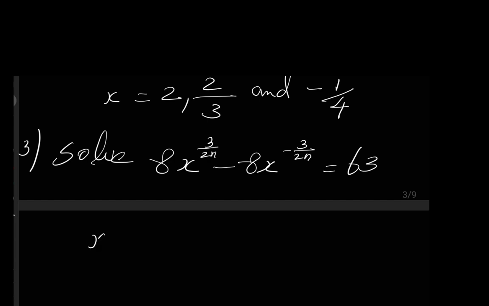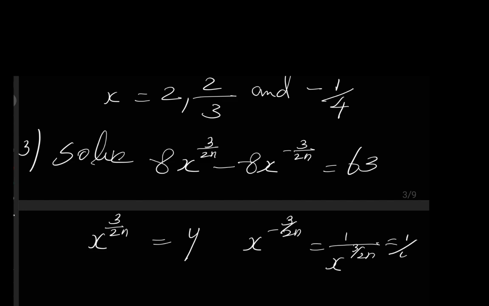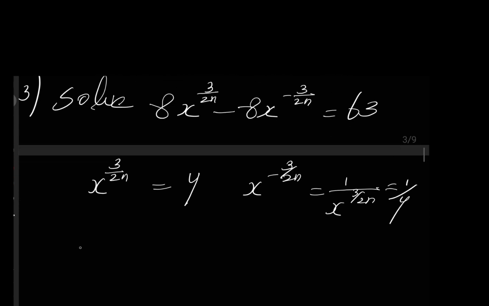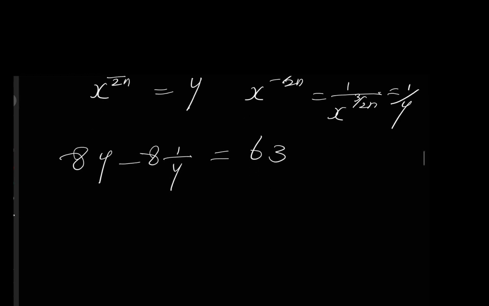So let me make the substitution. x power 3 by 2n is equal to y. So what about the negative power here? Negative power, so that is 1 by x power 3 by 2n, that is equal to 1 by y. Now make the substitution. 8y minus 8 into 1 by y is equal to 63.